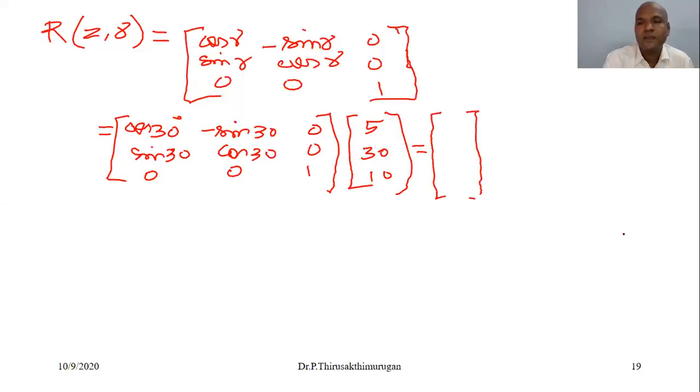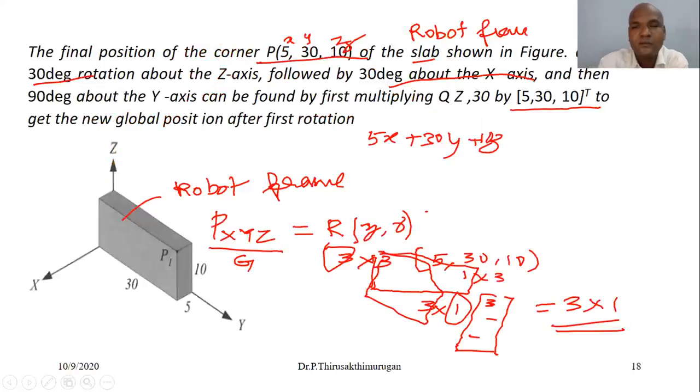So the robo frame makes an angle of 30 degrees about Z axis. Please tell me the value. Then it rotates 30 degrees about X axis and 90 degrees about the Y axis.